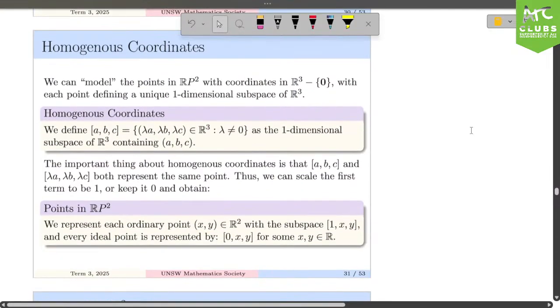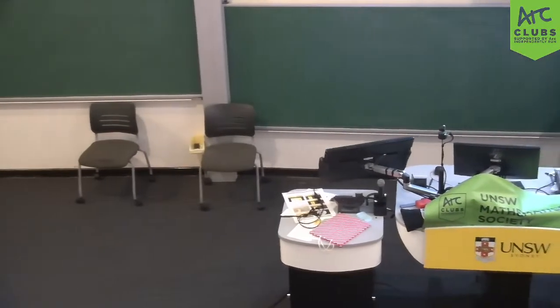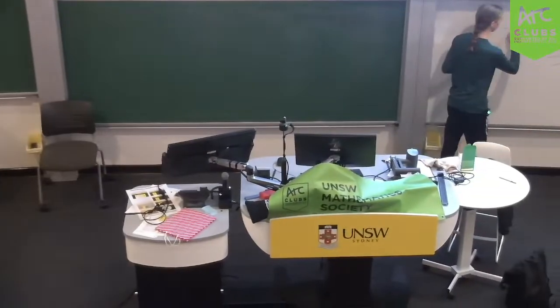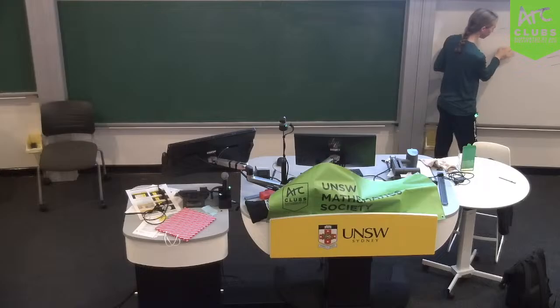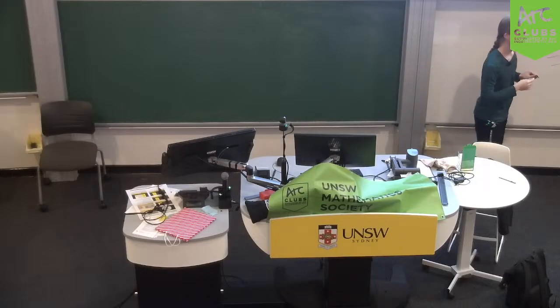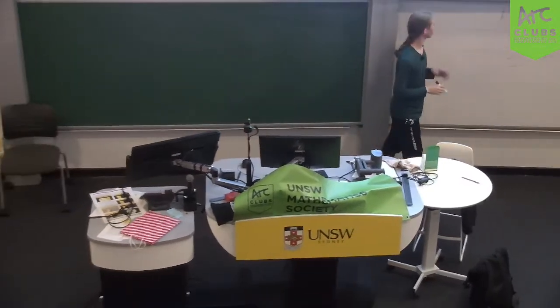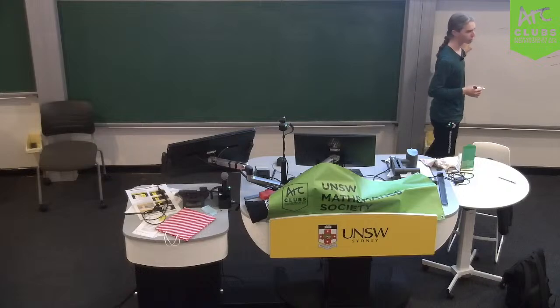So now that the projective plane is more than just 2D coordinates, we have to increase the space for representing points. Do we have a whiteboard eraser? So the logical choice is to extend this into 3 coordinates.